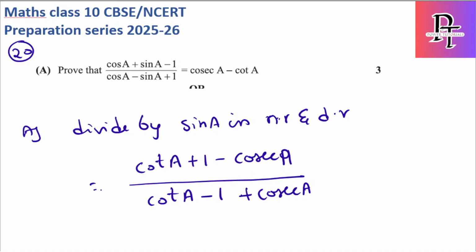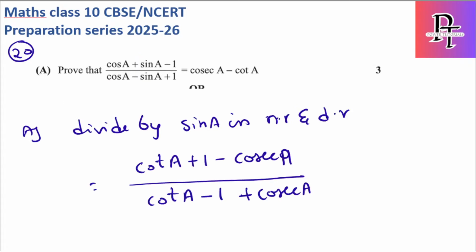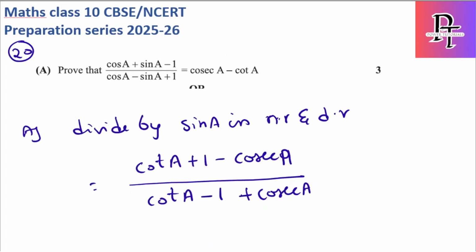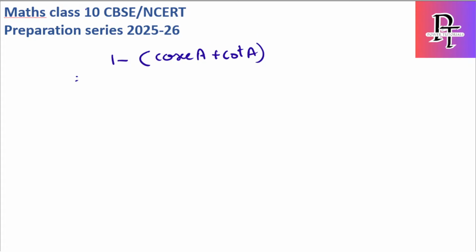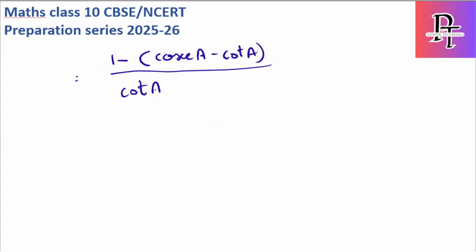Okay, now in the numerator I'll write this as 1 minus of cosecant a minus cot a. So 1 minus of cosecant a minus cot a, by denominator I have cot a plus cosecant a minus 1.